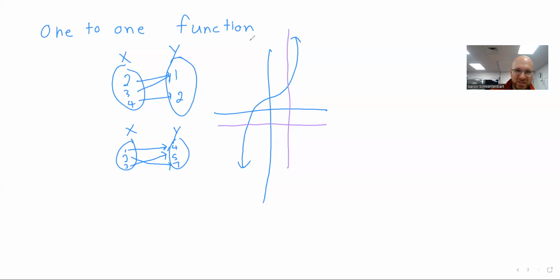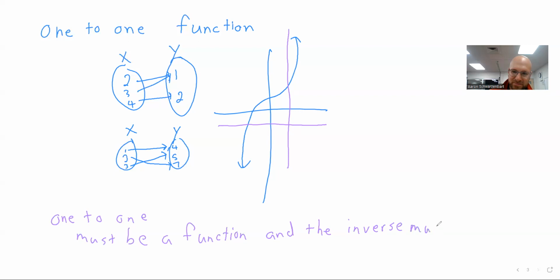So that means a 1-to-1 function is a function, and its inverse must be a function. Okay, so that is the thing with one-to-one.